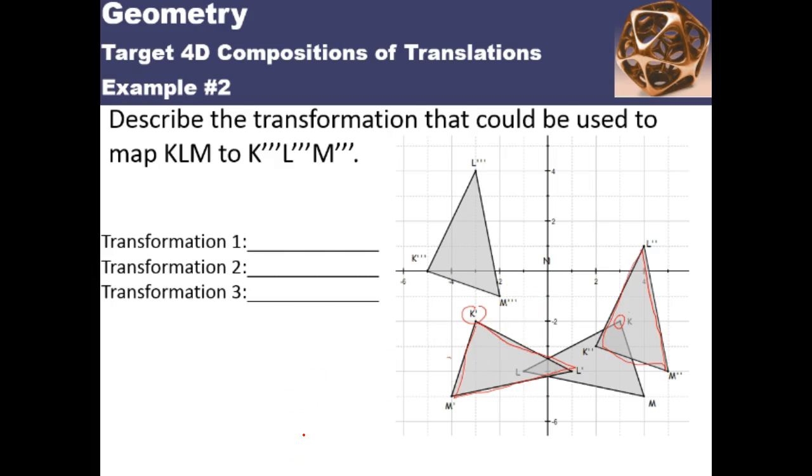So let's just check. The regular K was the point 3, negative 2, and K prime is the point at negative 3, negative 2.